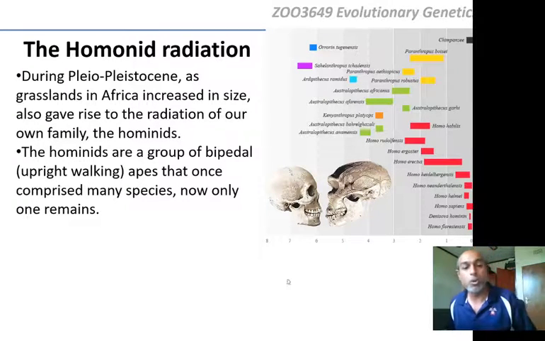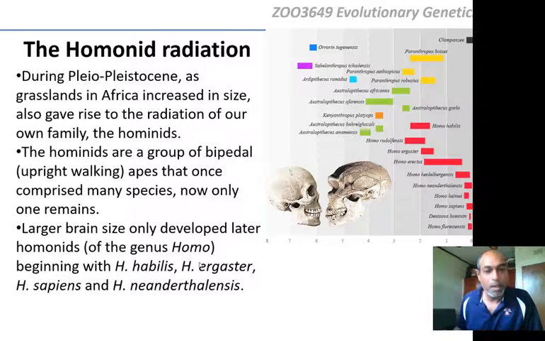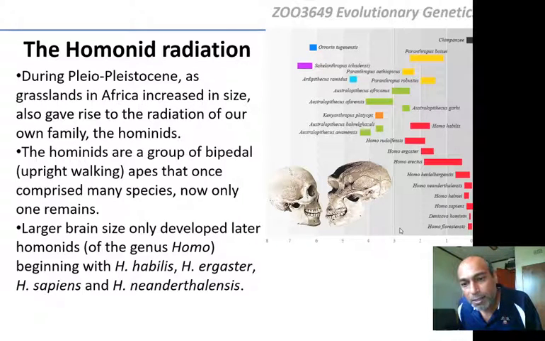Okay, so there were many species, and what happened, as I said, these early guys here, they were upright walking apes, but they had small brains. Okay, and as time progressed, the brain became bigger. In Australopithecus, Australopithecus means southern ape man.